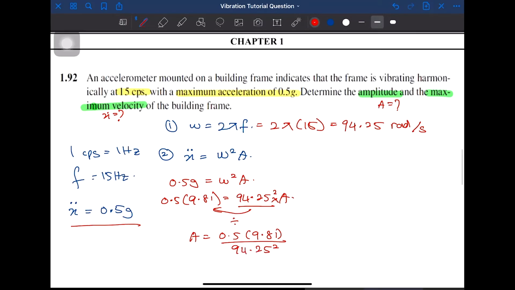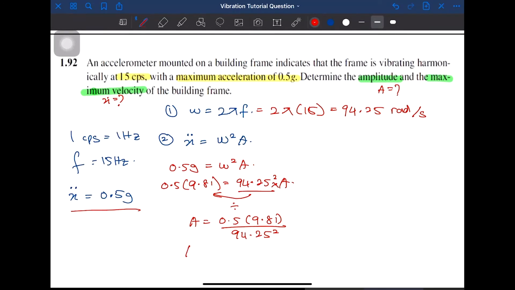So you'll get the answer for your amplitude. Remember, the unit for amplitude is meter, so the value will be 5.52 times 10 to the power of negative 4 meter.